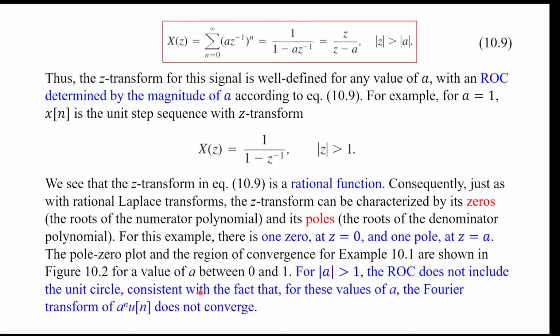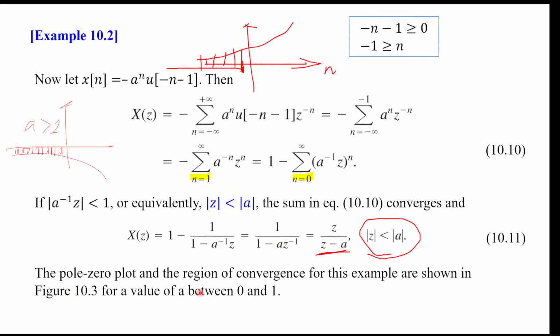And so this is the transform of the exponential function. Now we go to example 10.2, and this is still parallel to what we did in the Laplace transform. Now we have this left-sided exponential function, x[n] equal to minus a^n u[-n-1].